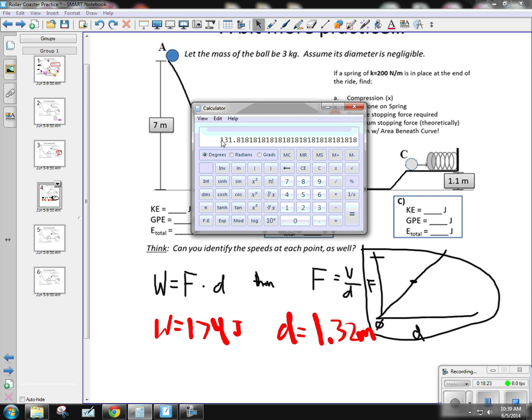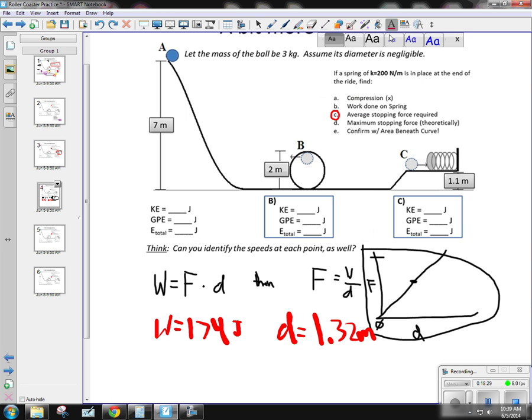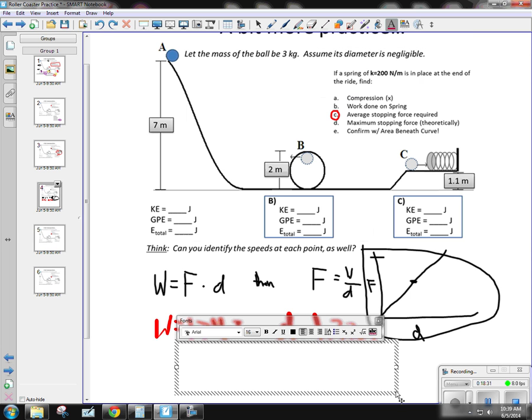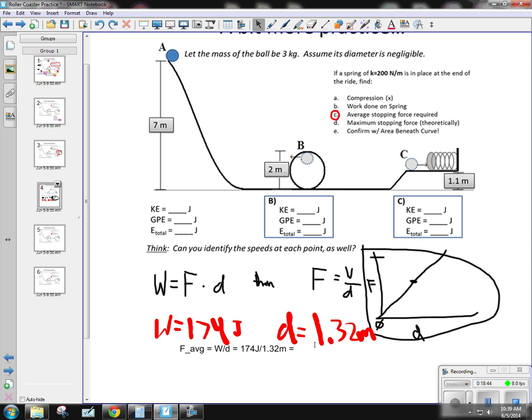The average force to do this is 131, almost 132 newtons. I'll call it force average. Almost 132 newtons. All right, that's not something to sniff at in a small situation like this, definitely.